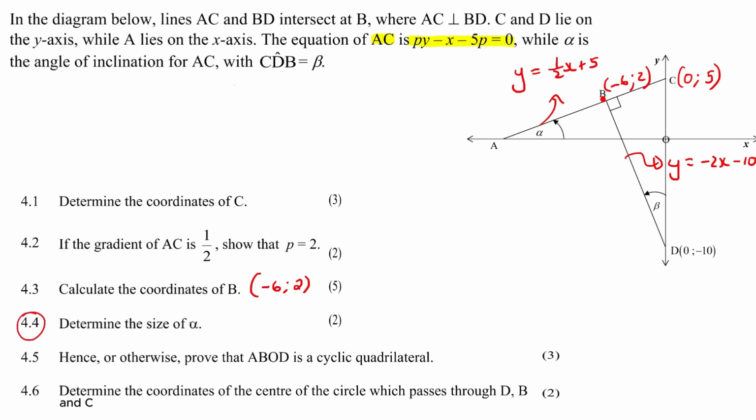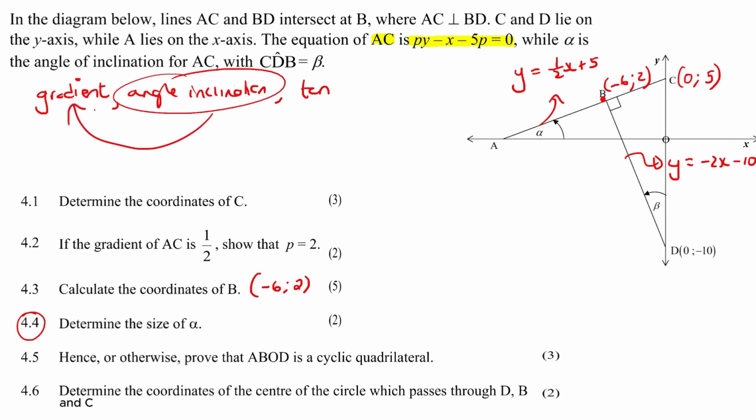This question says, determine the size of alpha. Now remember, as soon as you have gradient, angle of inclination, and tan, we know that these three can all link together. So if you have the gradient, you can get the angle of inclination, and if you have the angle of inclination, you can get the gradient.